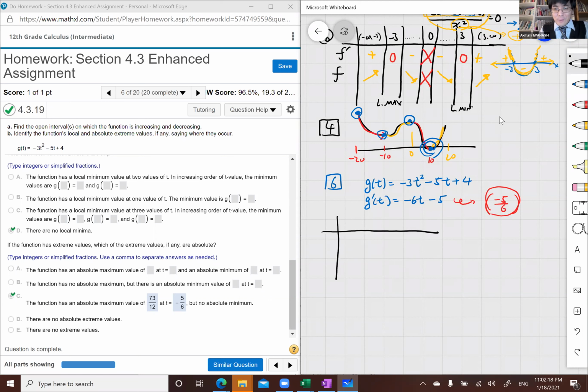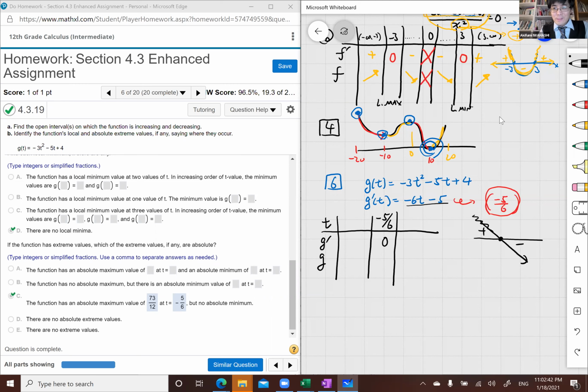So now the input value is t, and you have g prime and g. The domain is everywhere for a quadratic function, and the critical value is -5/6. So this is a linear function with a decreasing line. So the sign changes from plus to minus.